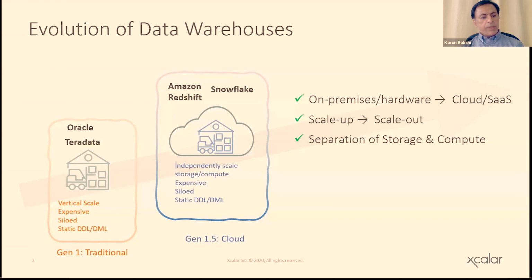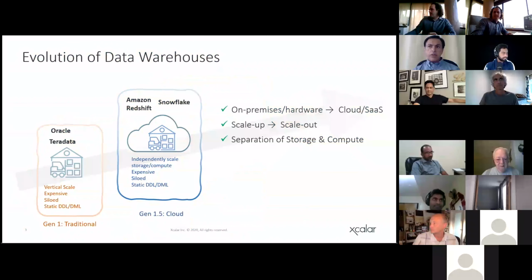And they tended to be somewhat siloed. You had to ingest the data into proprietary formats before you could do anything useful with it. The only way to build those data warehouses was to define the structure ahead of time using DDL, and then process your data and load it into the data warehouse. And that could get expensive over time.